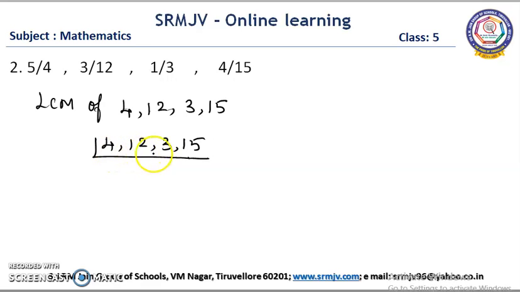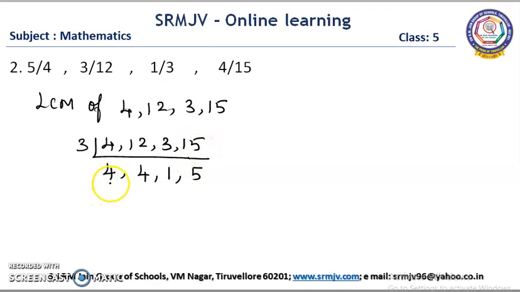Except 4, 12, 3 and 15 are divisible by 3. So we are going to divide the numbers by 3. Here 4 is not divisible, so we keep it as it is. In the 3 table, 4, then 12 is 3 fours, 1 is 3 ones are 3, and 5 threes are 15.